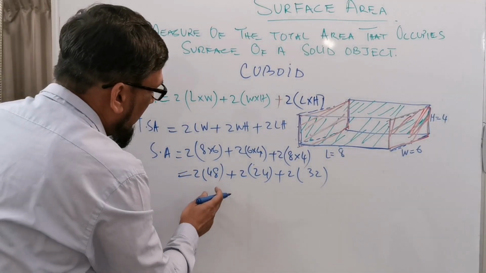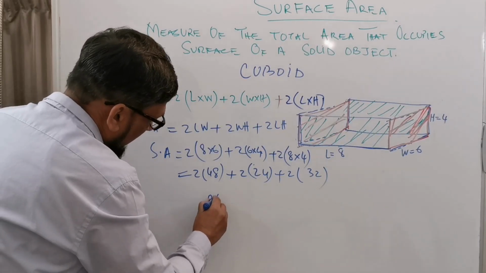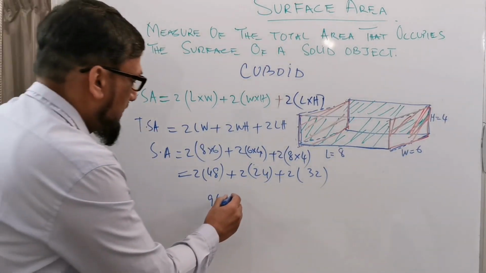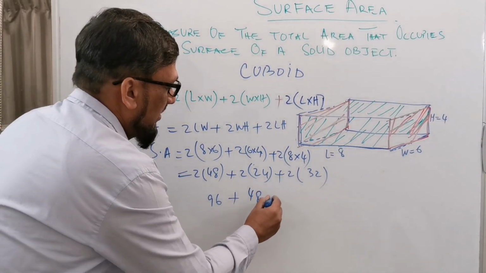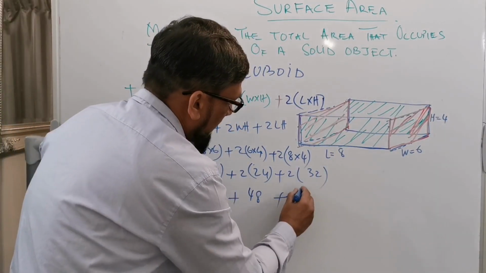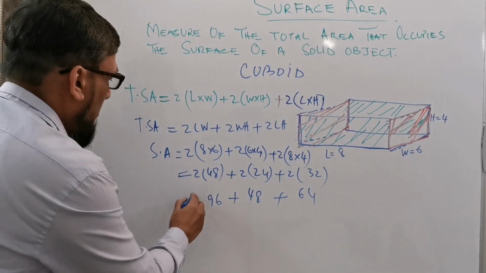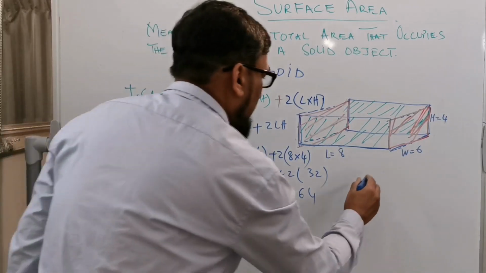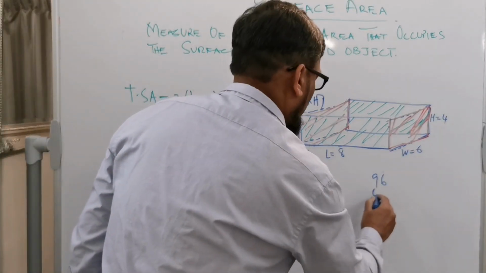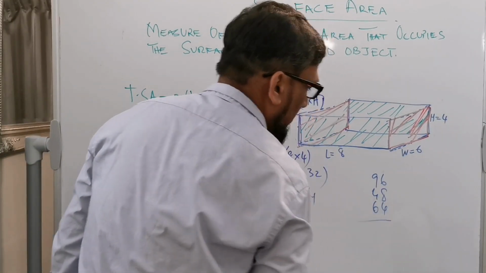So double of 48 is 96, and double of 24 is 48, and double of 32 is 64. Altogether the surface area is 96 plus 48 plus 64.